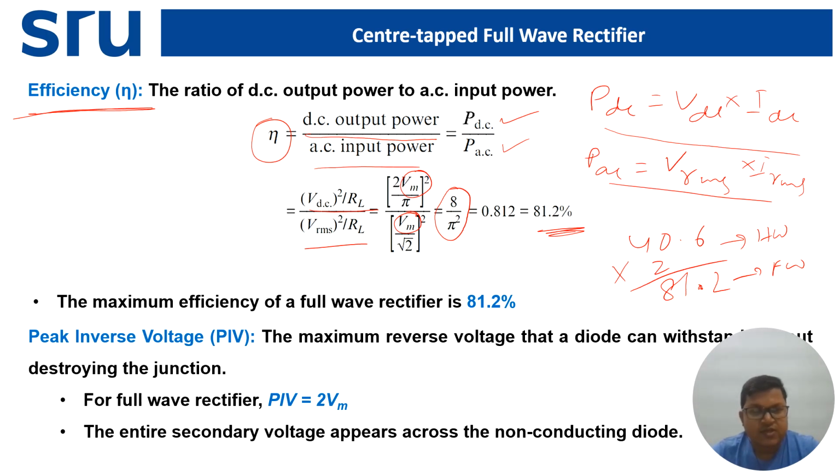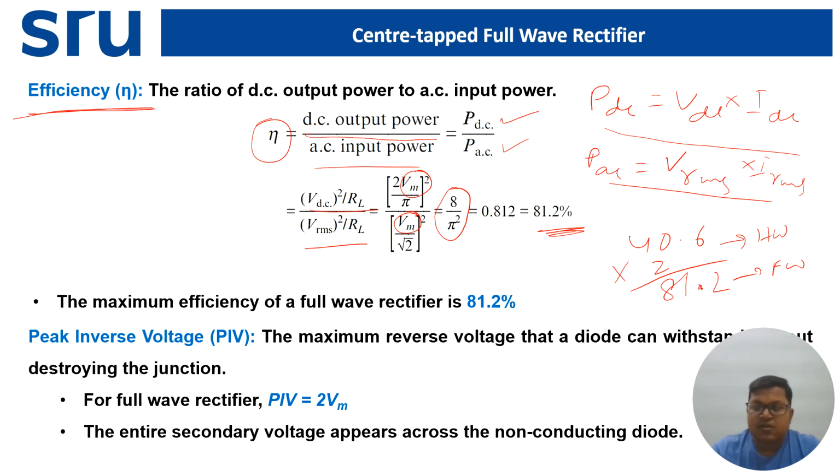Please remember this: the entire secondary voltage appears across the non-conducting diode. This is one important point to understand, which may be the disadvantage of this center tap based full wave rectifier. We will see this later.